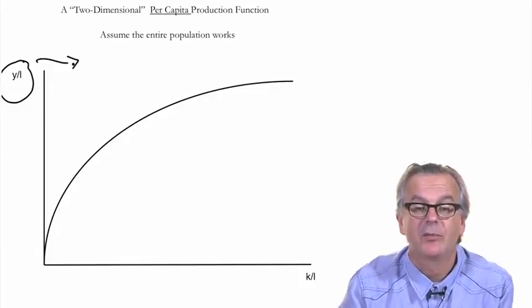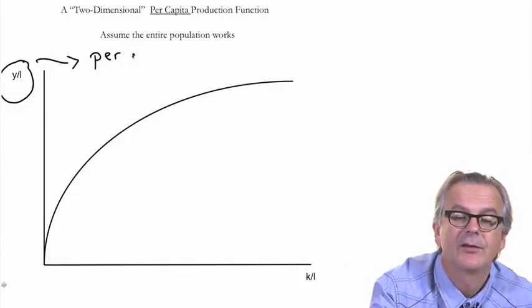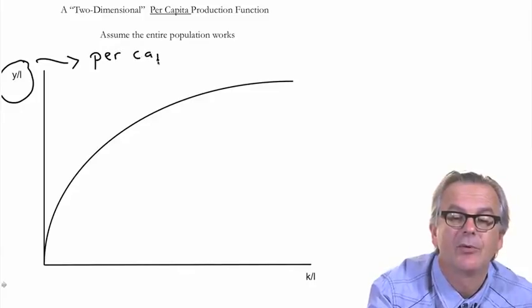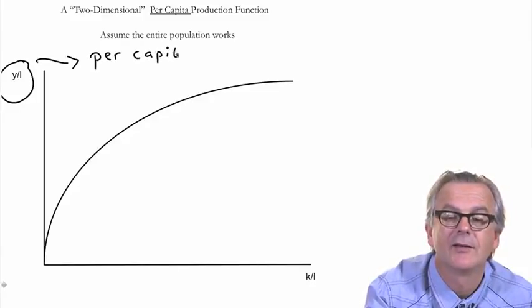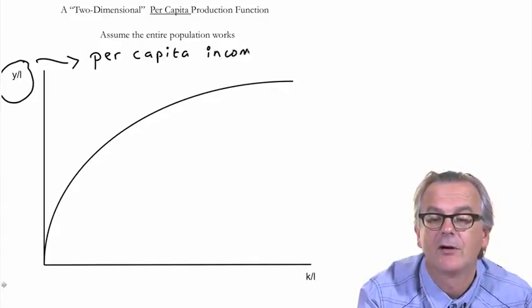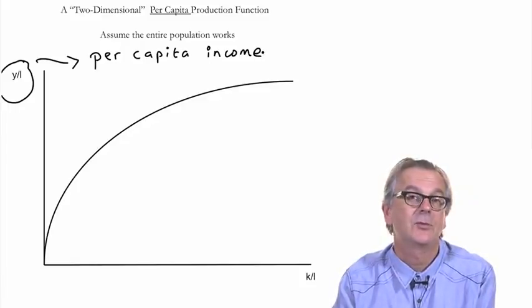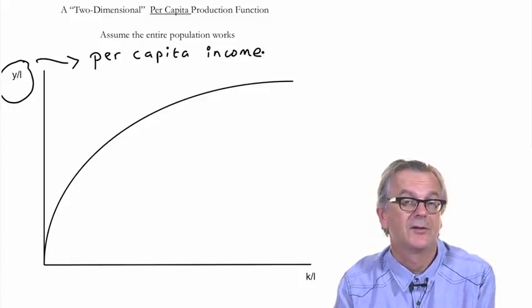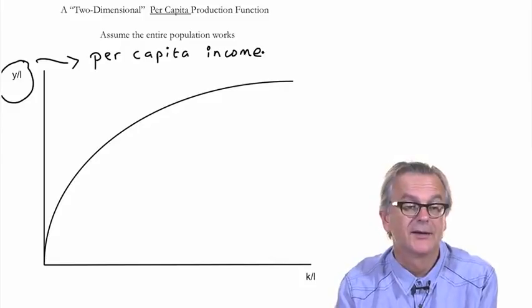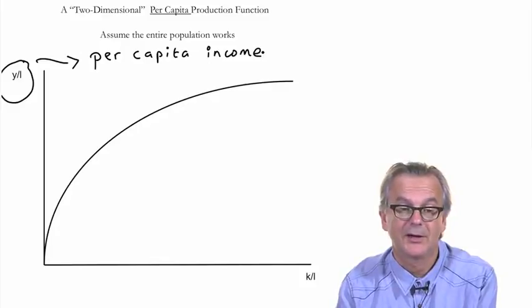But given that everybody in the population works, what I have in fact there, remembering that output and income are exactly the same thing, is a measure of per capita income. And that's what the analysis of economic growth is designed to explain or understand. What are the key factors or forces at work that determine per capita income?